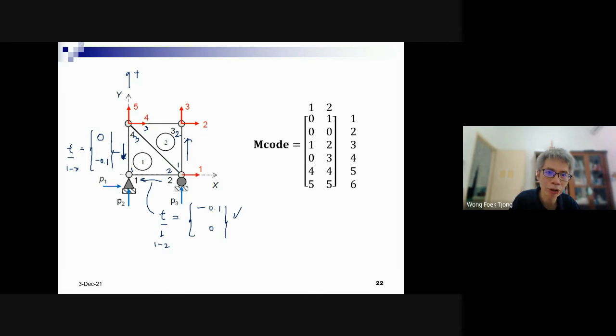This is the force. The T is what? 0, 0.1, okay? On this one, what? 0.1 and 0. So just plug in this into the equivalent force for node number 2.